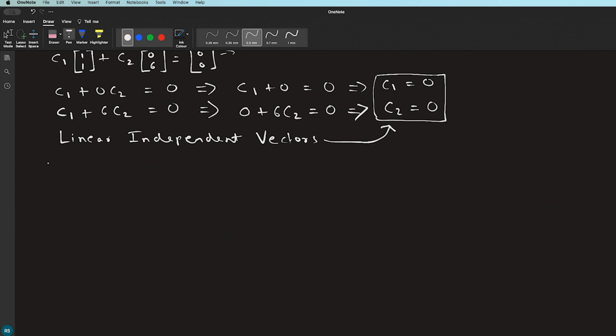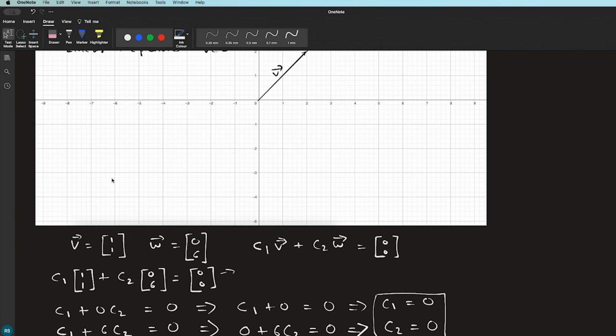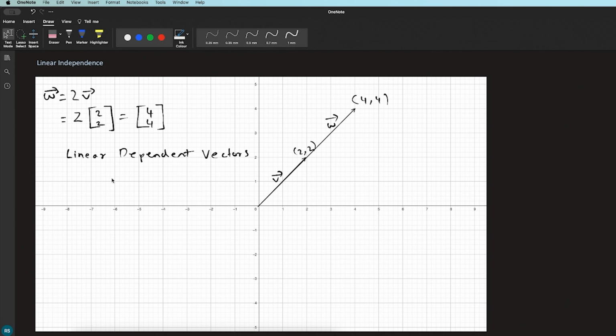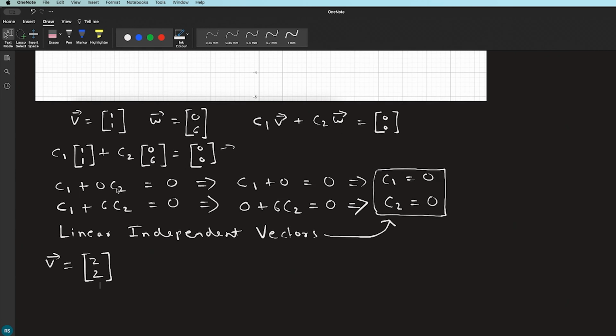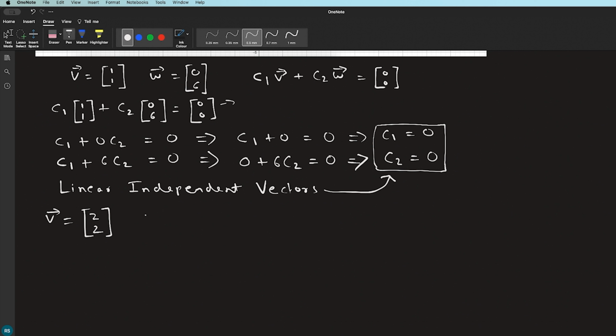I will take again the previous example, vector v equal to (2, 2). These are the two vectors that I have shown you visually by drawing. And my vector w is equal to (4, 4).